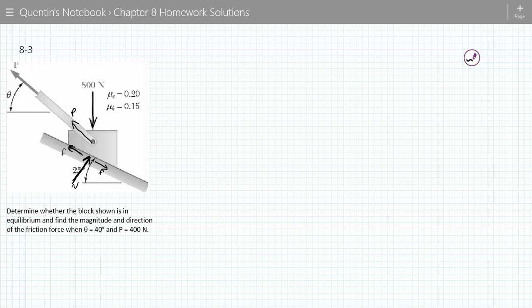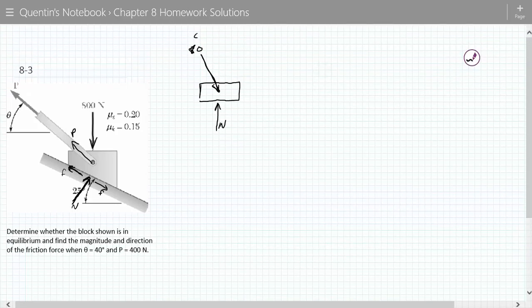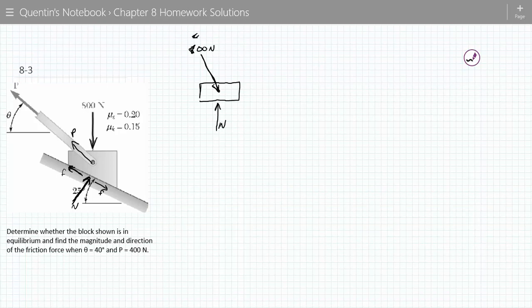Okay. So the way I like to do this is I just find it a little bit easier. I'm going to write this free body diagram flat. So my normal force is going to be there. My weight is going to come down here, and that's 800 newtons, at 25 degrees.